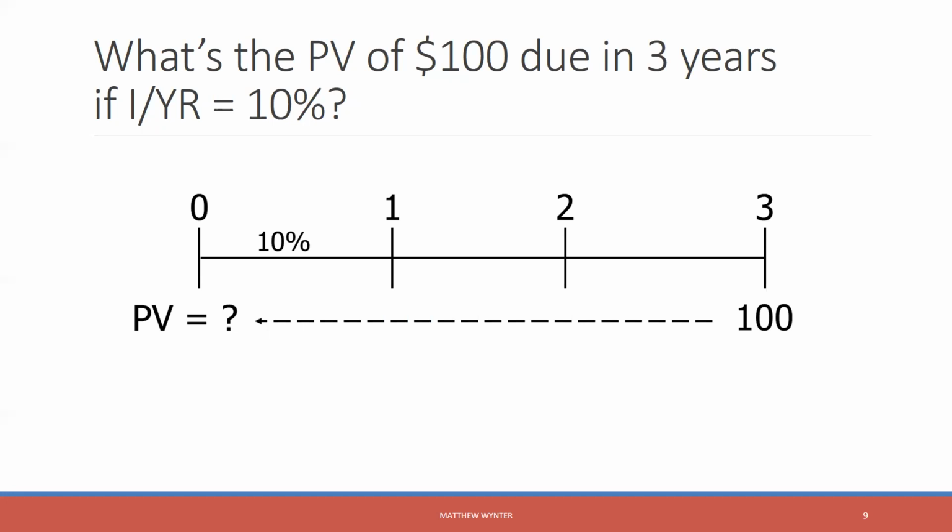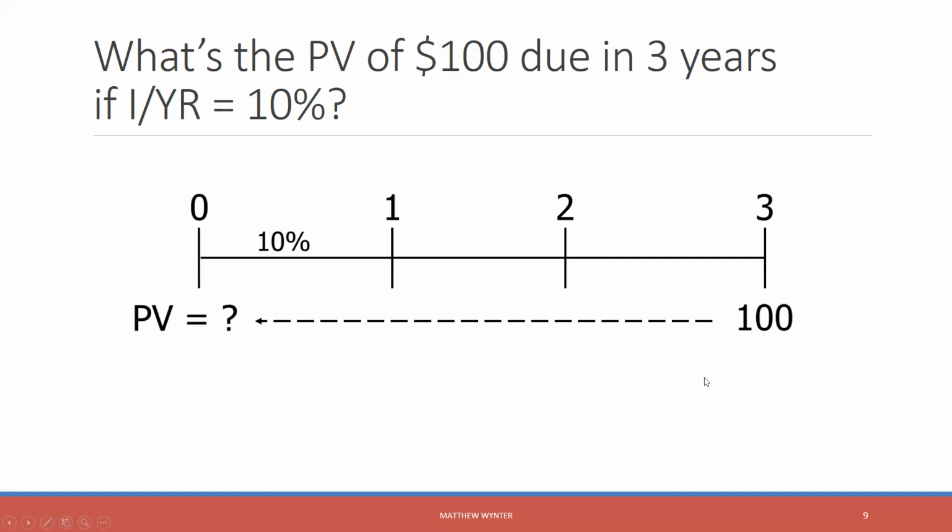So what do we have? We know our future value. So 3 years from now, we're here at time period 0. At the end of the 3rd year, we would like to have $100. We also know our discount rate, our rate of interest. That's 10%. So what are we going to do? We're going to take that 100 and we're going to discount it all the way back to figure out what it's worth today.